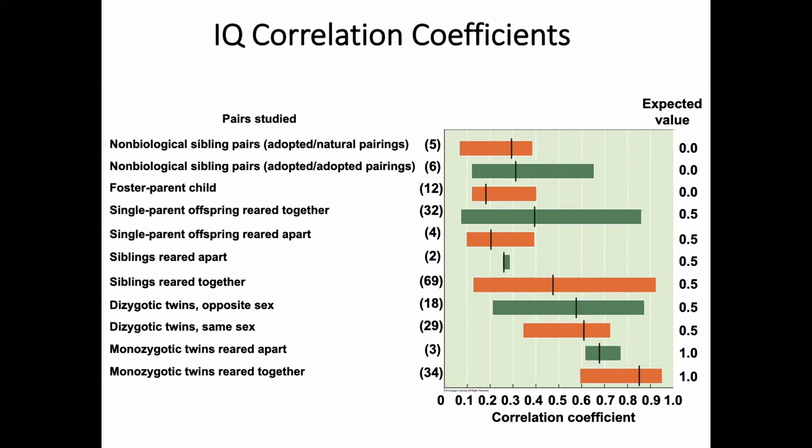For example, if you compare the last two bars, the monozygotic twins raised together have a higher correlation than the monozygotic twins reared apart, indicating environmental factors contribute to the difference. Therefore, human intelligence is a complex trait.